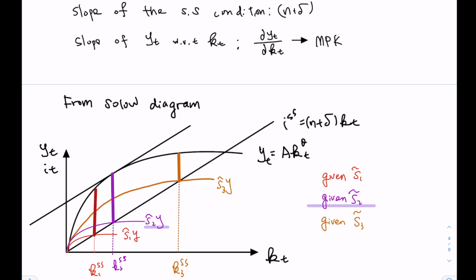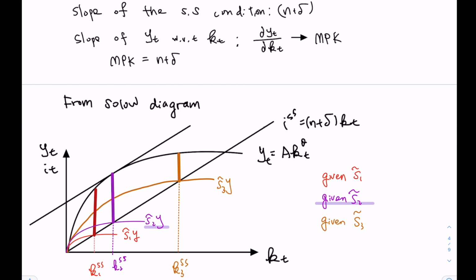Given that any line tangent to the production function indicates the marginal product of the capital at any given level of k, to have a Solow model with maximized consumption, we need to have a saving rate.